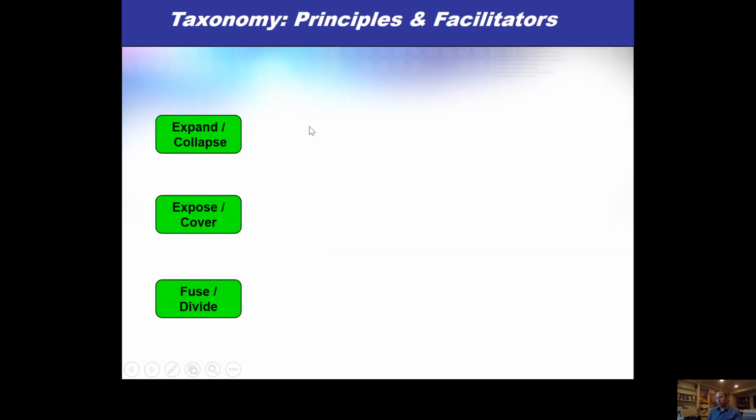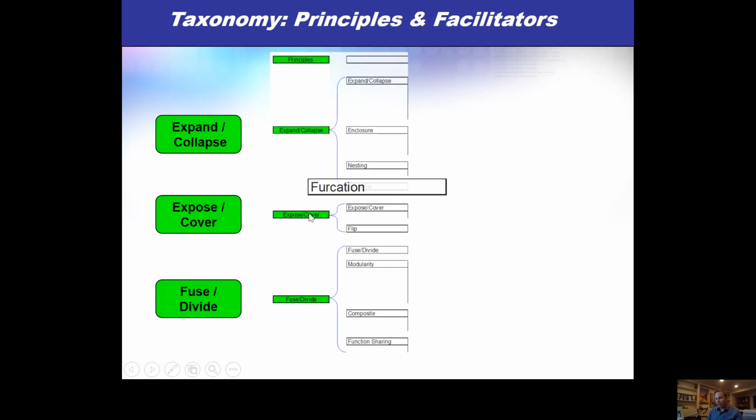Okay, so I mentioned these three main principles: expand, collapse, expose, cover, fuse, and divide. And if we expand the slide, you'll see the various facilitators that help make that happen. This first row are the main facilitators. So what do I mean by that?